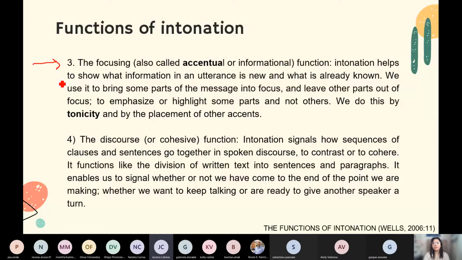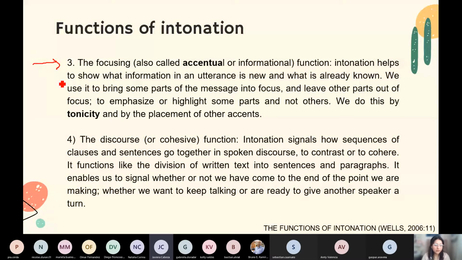Those that we put into focus are the ones that are new information for us, and the ones we are not going to emphasize are probably the ones we already know, something that is not new information for us.